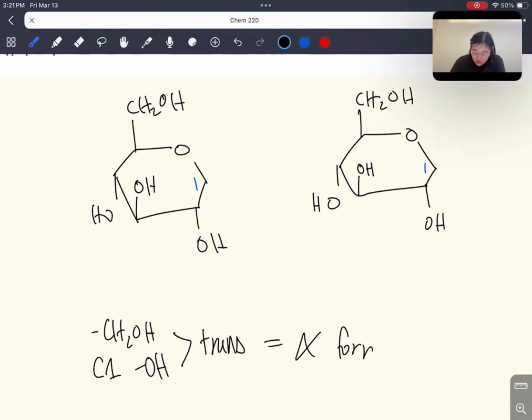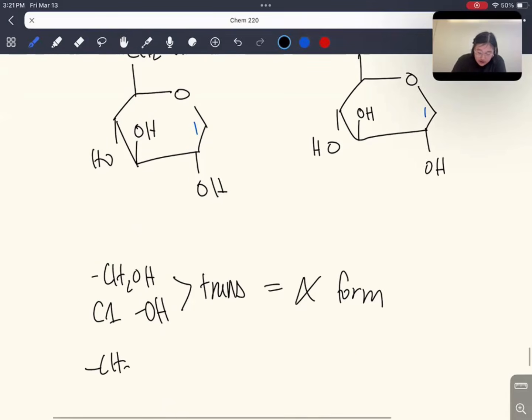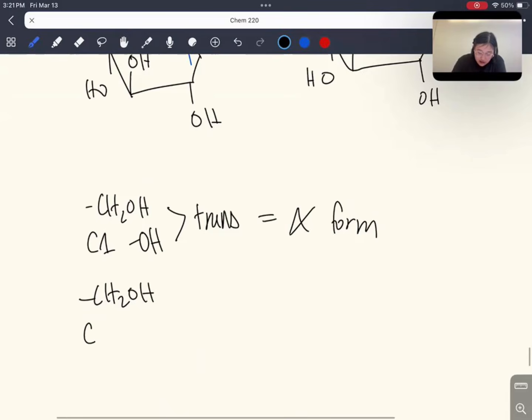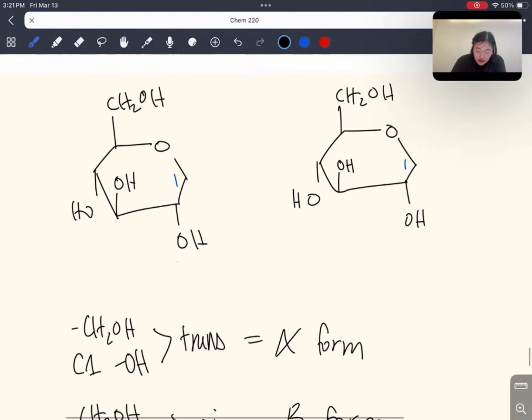If they are cis to each other, then we have the beta form. So to draw the alpha form, I need to draw my OH group trans to the CH2OH group. My OH group would point down since my CH2OH group is pointing up, and that would be alpha glucose.